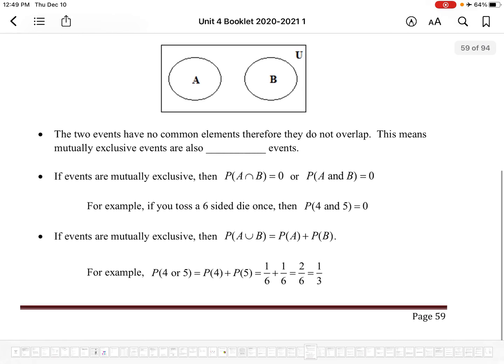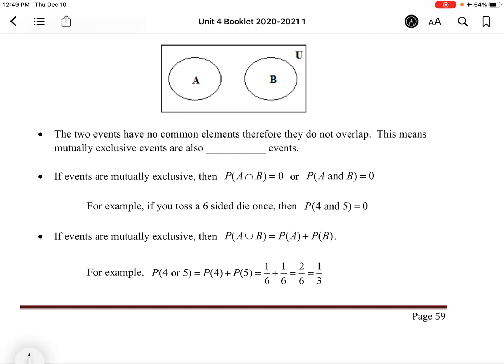Okay, now on a Venn diagram, this is coming back to Unit 2, LR2, which we've just looked at. If the two events are mutually exclusive, meaning they can't happen at the same time, there's not going to be any overlap, okay? These are also called disjoint, okay?